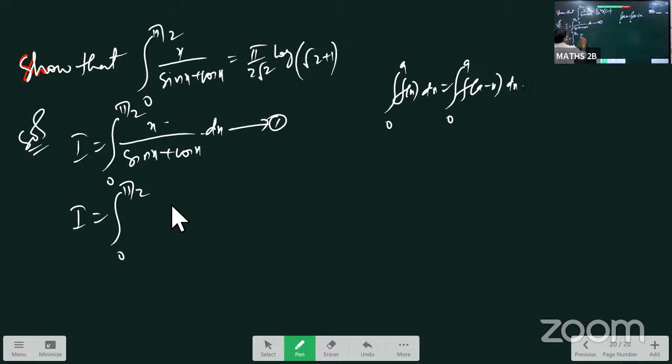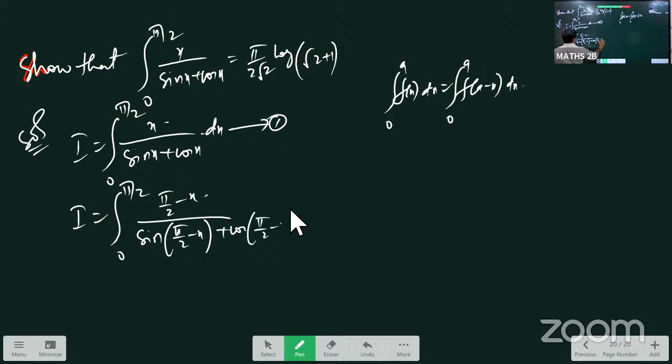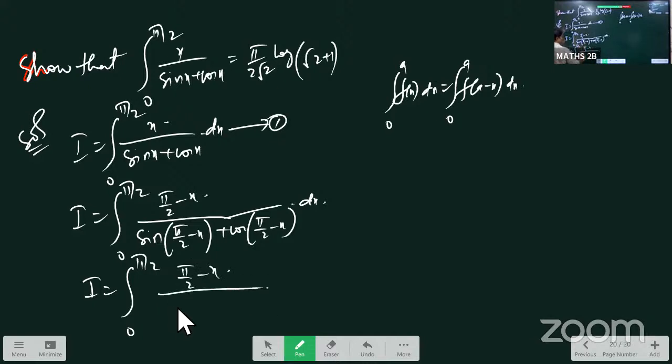So it is pi by 2 minus x by sine of pi by 2 minus x plus cos of pi by 2 minus x. Then, sine 90 minus theta is cos theta, and cos 90 minus theta is sine theta. This I will put as 2. Right?